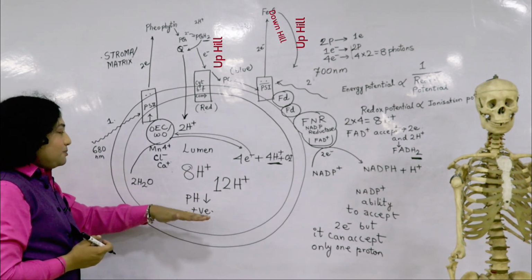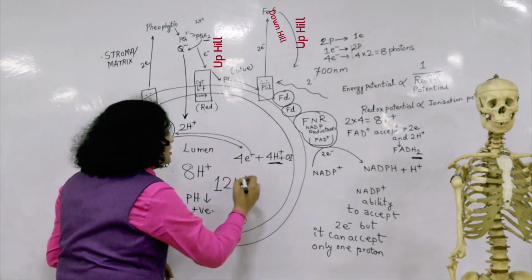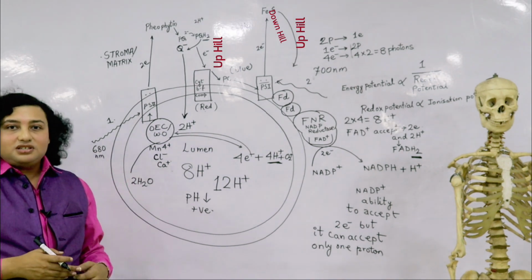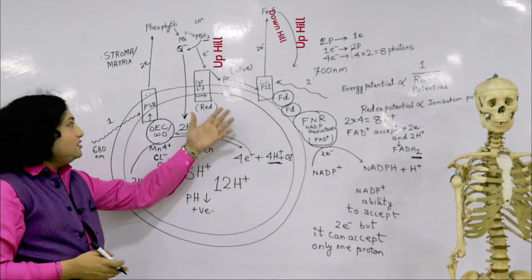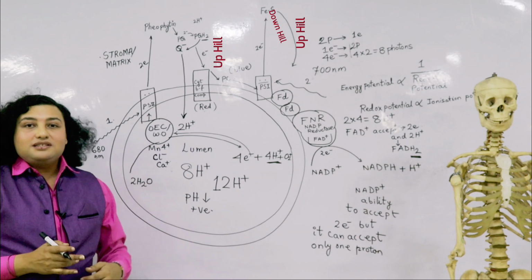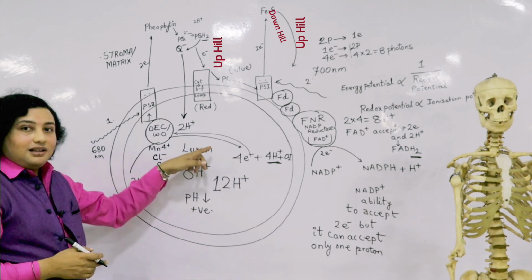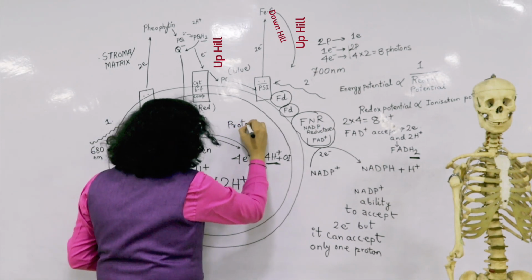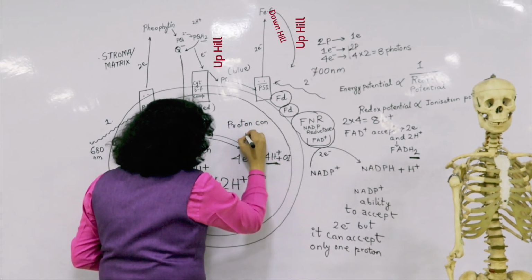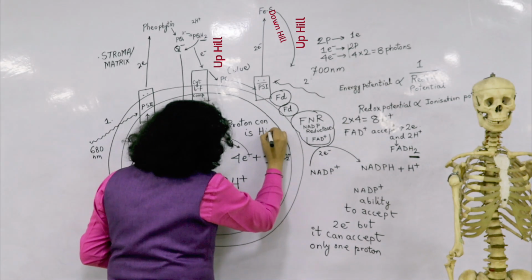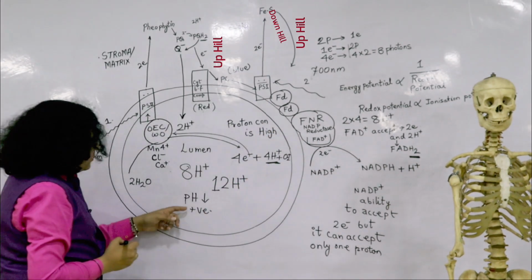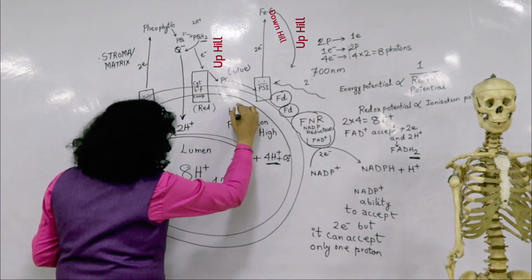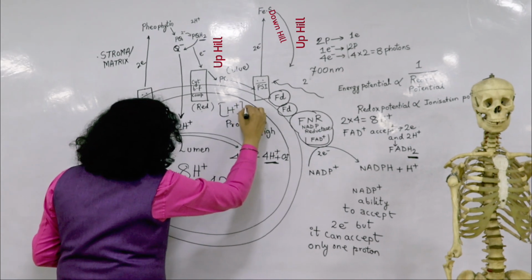In the NEET examination, often this question has been asked: where during the operation of this process is H plus ion concentration more? Yes, it is the lumen of the thylakoid where the proton concentration is high.